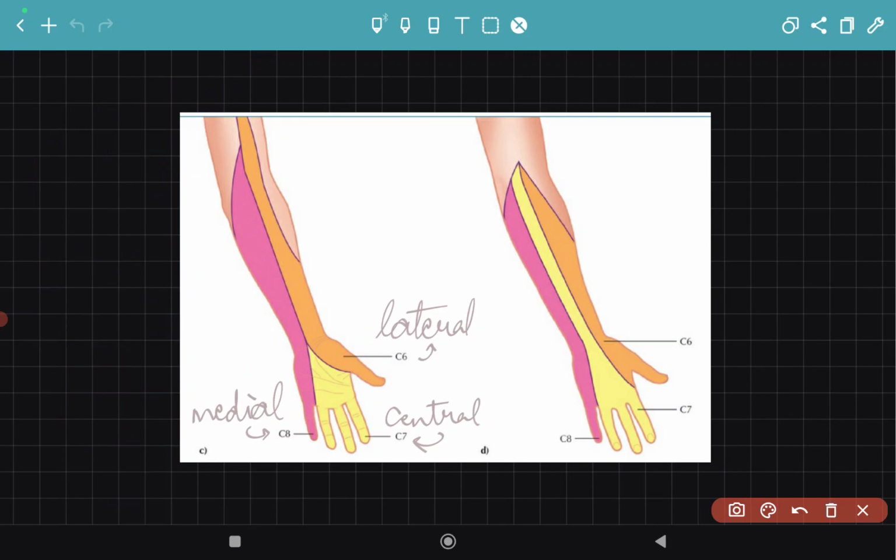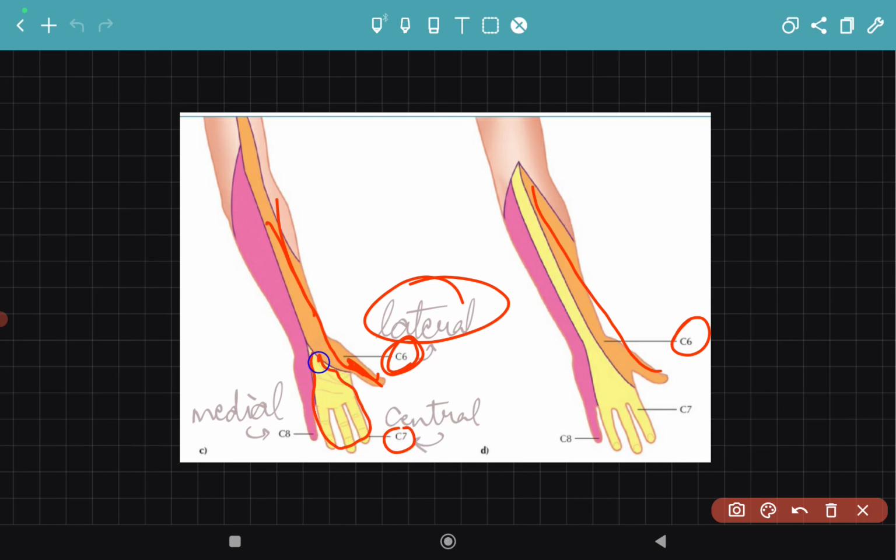In detail, if we have to see which dermatomes cover the forearm region and the palm or hand: C6 is over here. The lateral part forms C6, which is at the side of the thumb, anteriorly as well as posteriorly. C7 after that occupies the central part. Anteriorly it is only present in the palm. Posteriorly we can see it extending to the forearm.